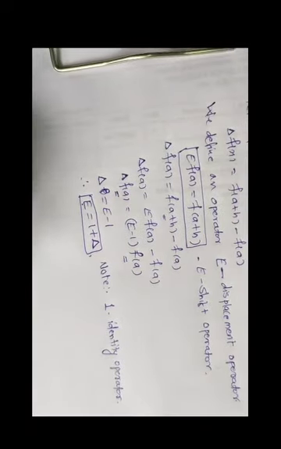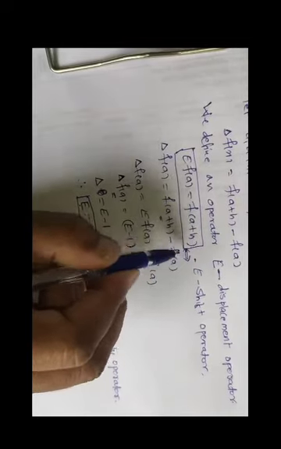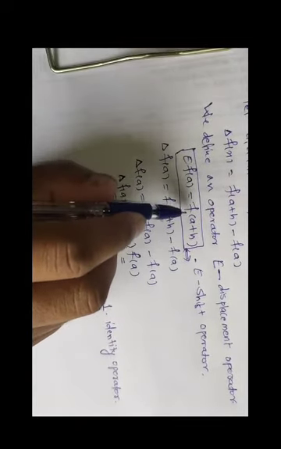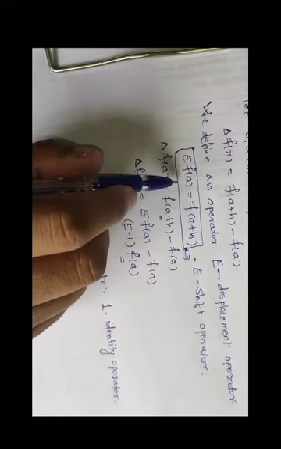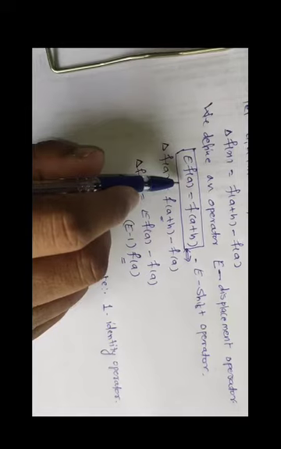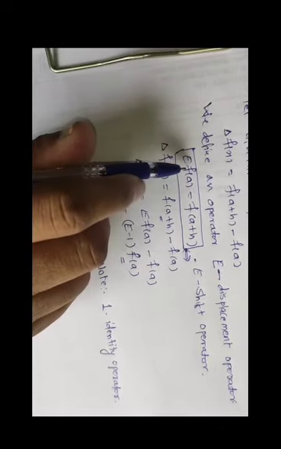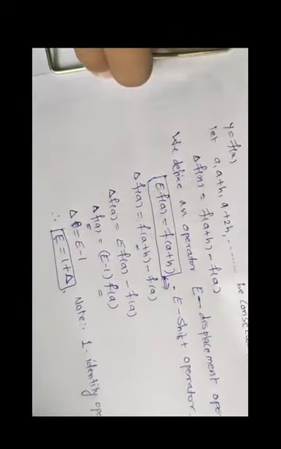So this is the first power of E: E f of a is equal to f of a plus h. Now we try to find the nth power of the shift operator E. We are discussing the shift operator.